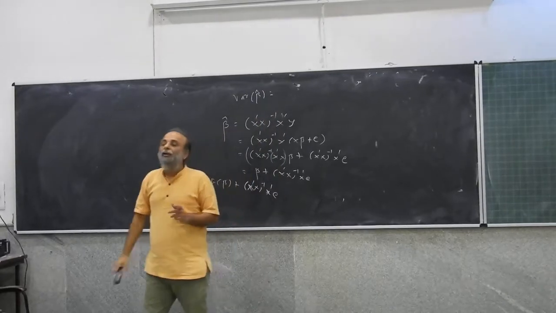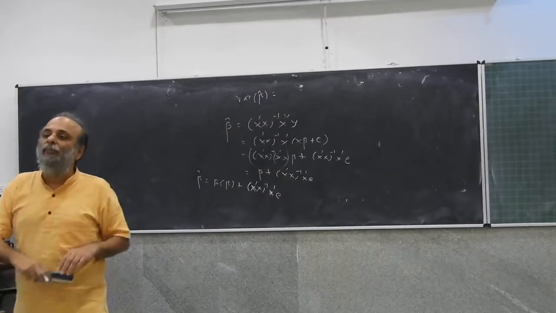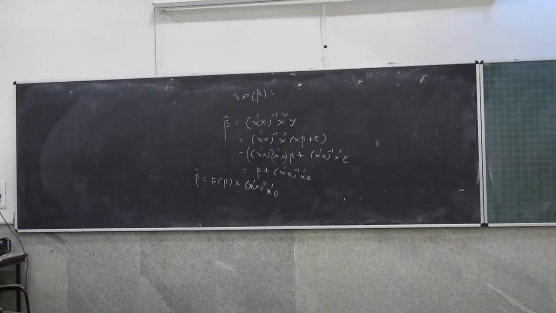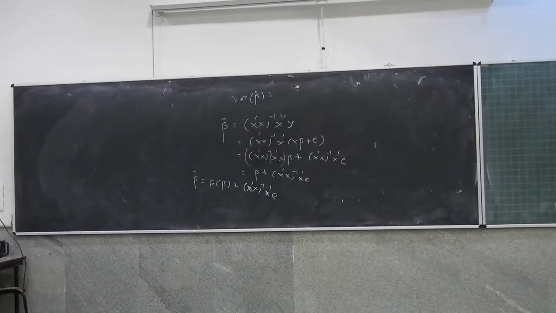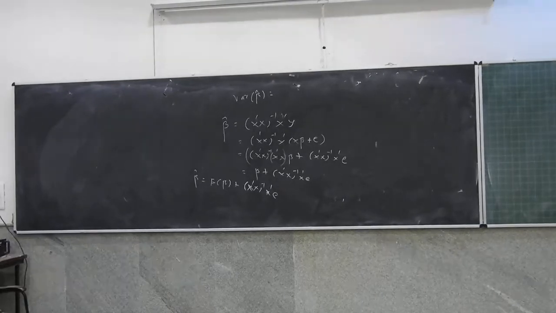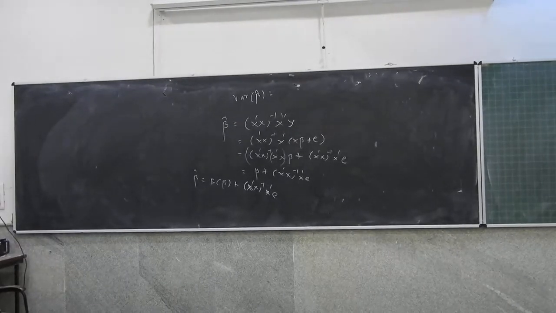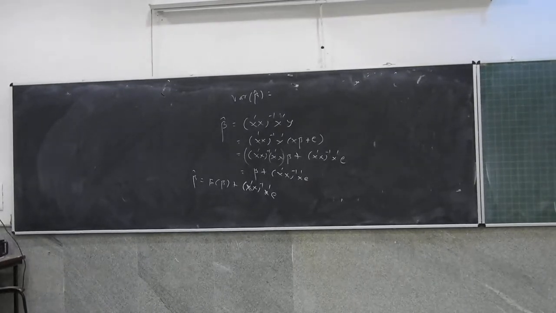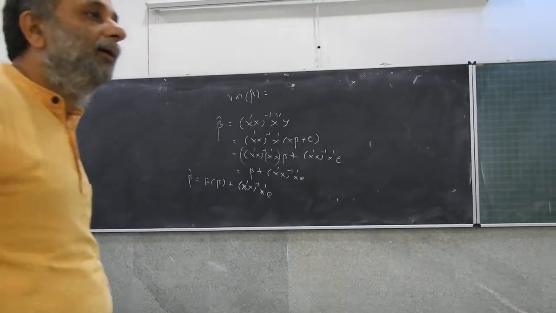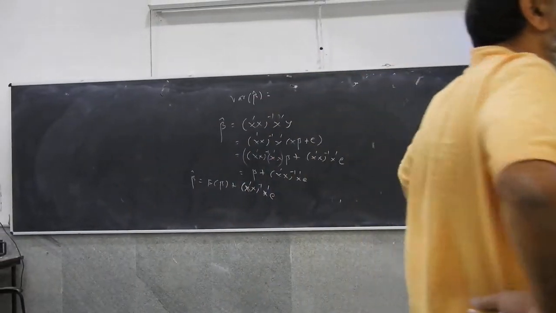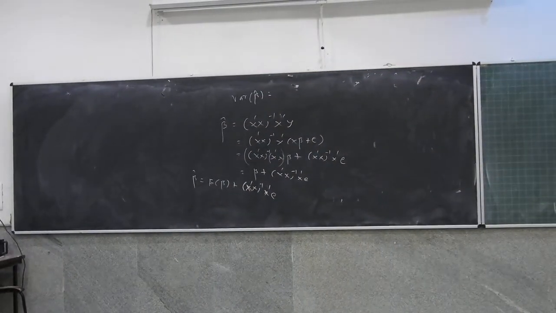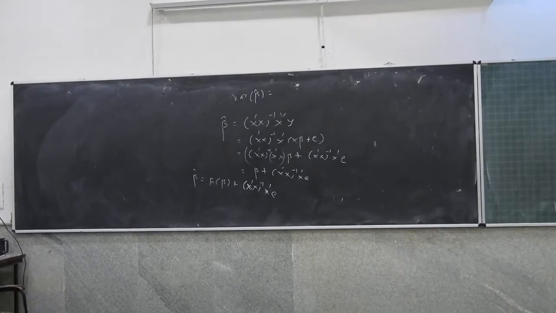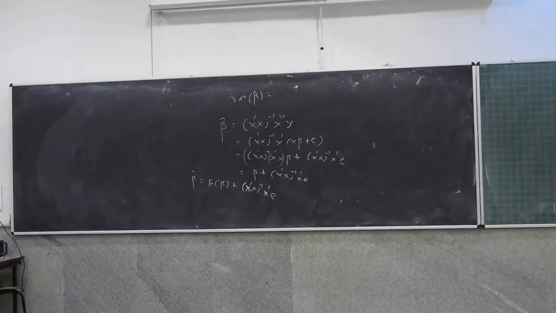Now you see, in the simple linear model, when beta was a simple number, a scalar, the variance of beta was given as the expectation of beta minus beta, squared. In a matrix we don't write x squared. If x is a matrix, how do we square it? We do x transpose x, right?